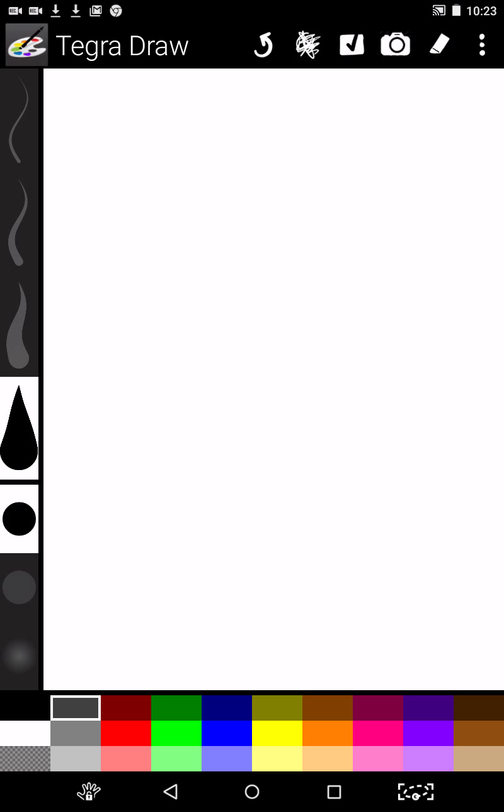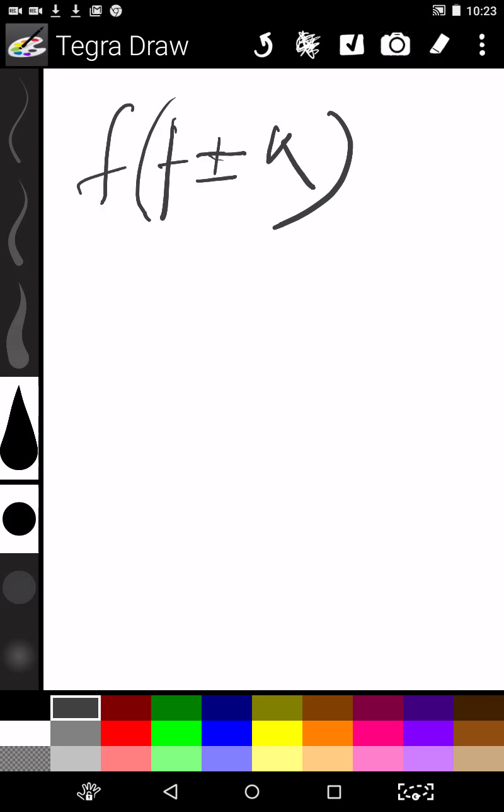In the case of time shifting, we can express a signal as f of t plus or minus k. Here t plus or minus k is the whole argument, and for a specific value of k we shift the signal either left or right, either advancing or delaying it. Now we will take a simple case.